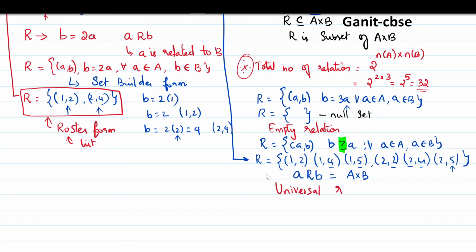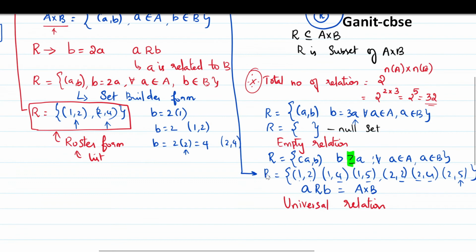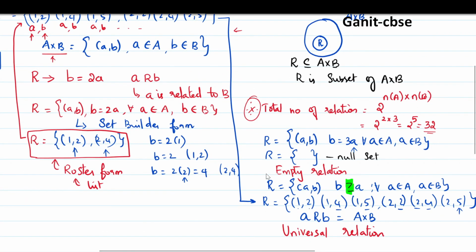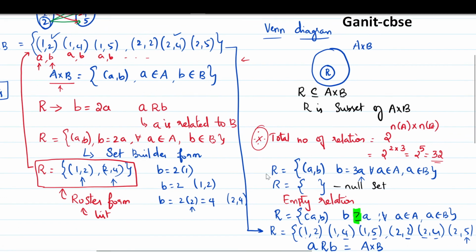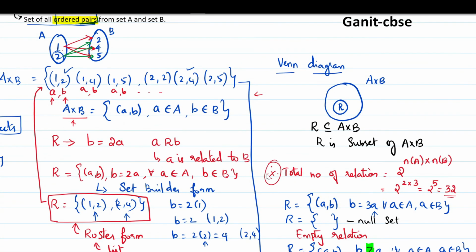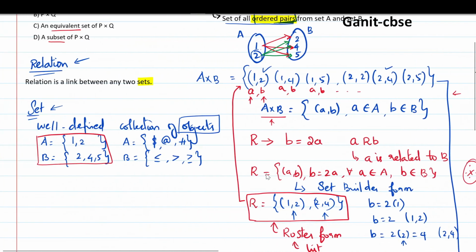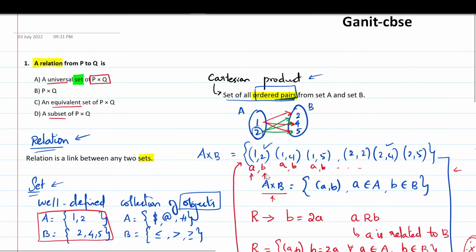A universal relation is different from a universal set. A cross B elements are taken from the universal set. Okay, we'll come to this problem.